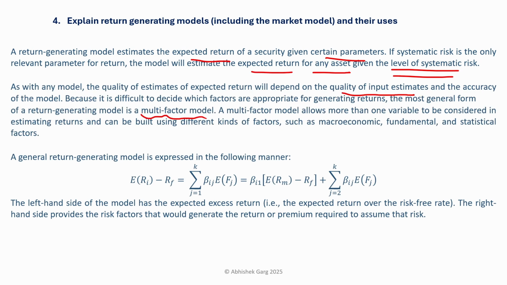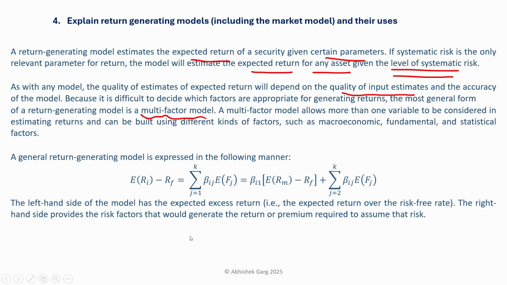A general return generating model is expressed in the following manner. The expected return on the asset minus the risk-free rate, that means the additional return that you generate on the asset, is equal to the expected return from different risk factors that you are bearing while investing in the asset.